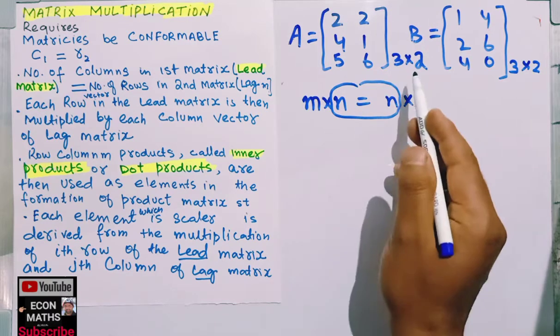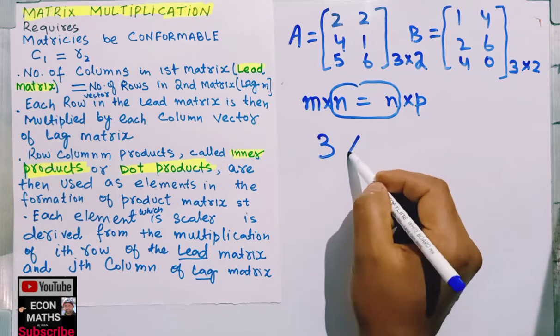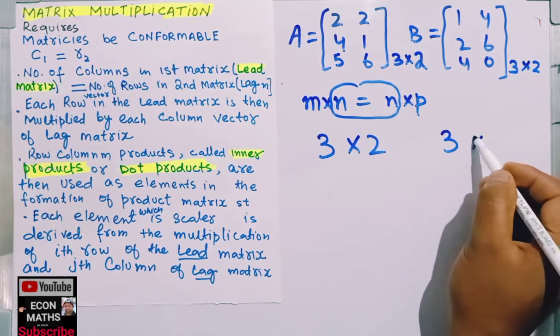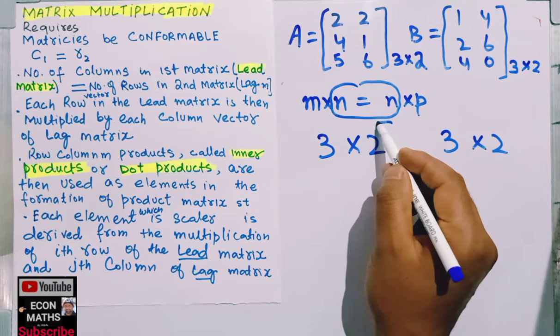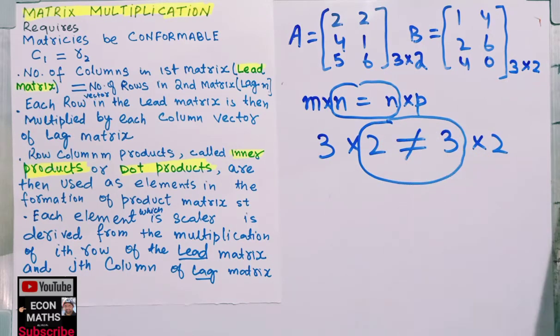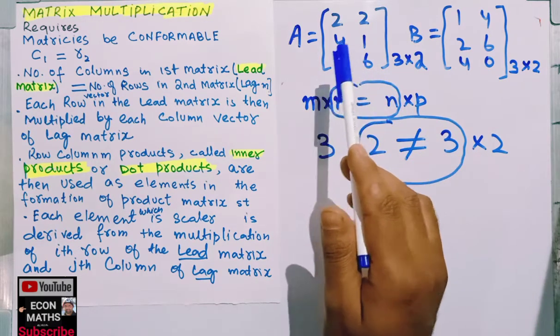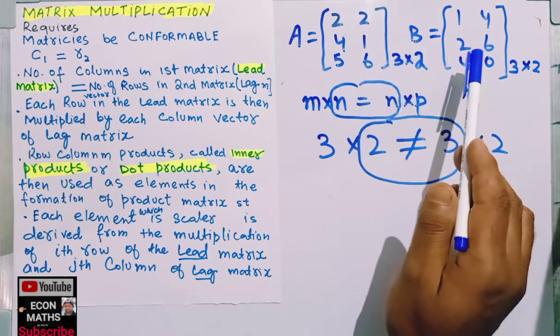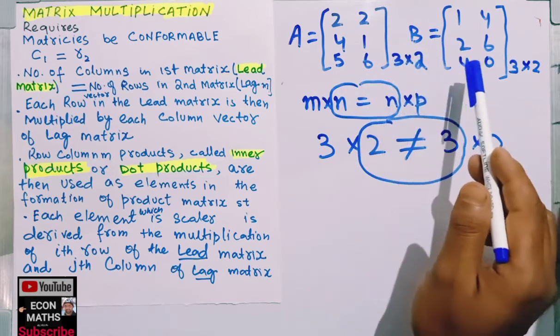Here this is 3 into 2, here also 3 into 2. Now we can see these two numbers are not equal. Therefore, we can't multiply these two matrices. So these matrices are non-conformable.